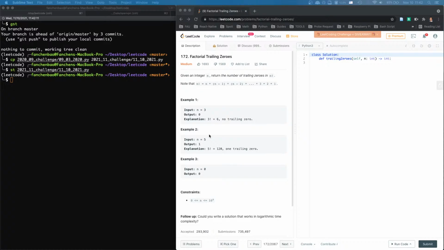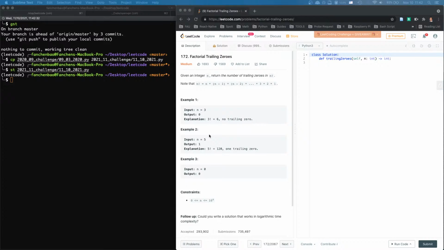Hold on, let me think. So 1 times 2, 1 to 9, right? 9 factorial has only 1, right? And then we times 10, we got 2. 19 factorial. Oh, it's too big.